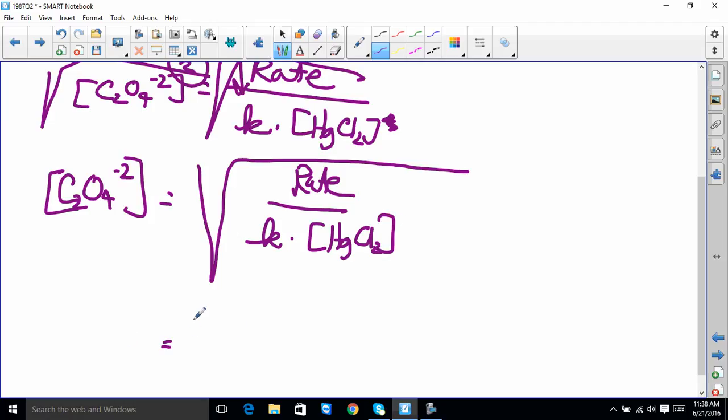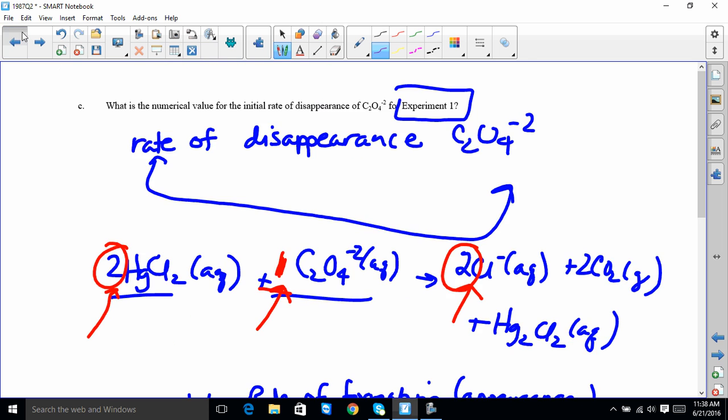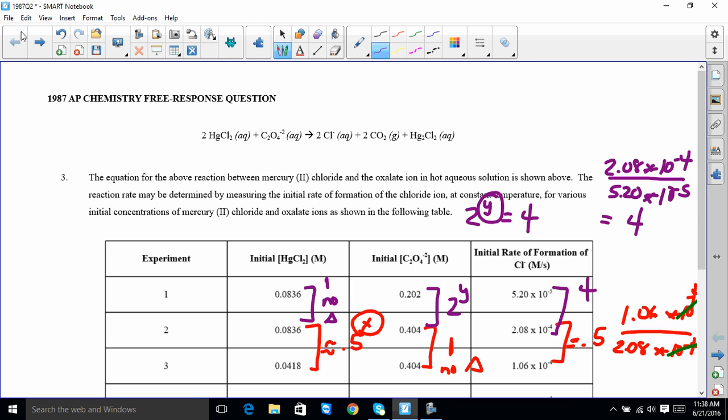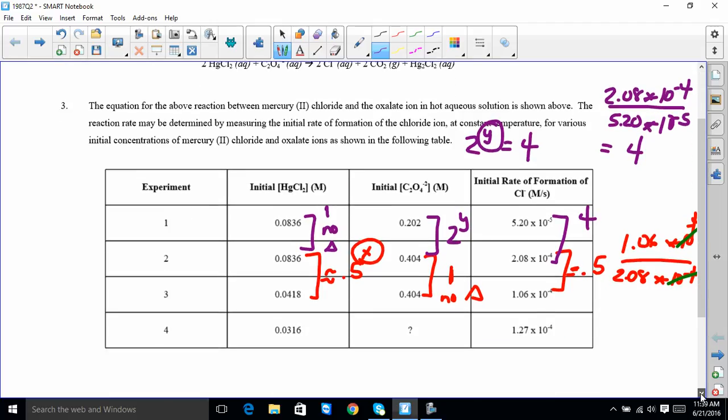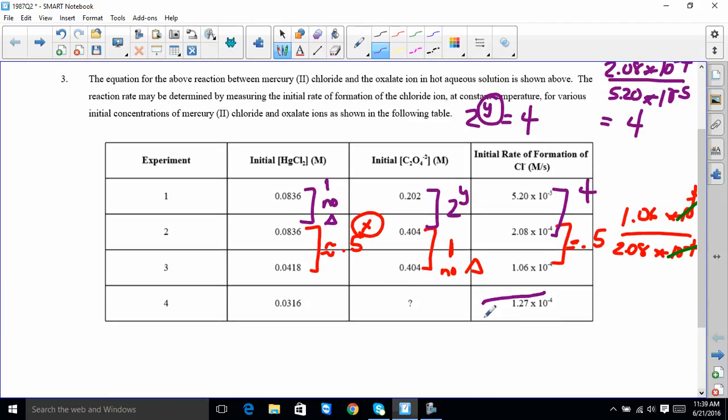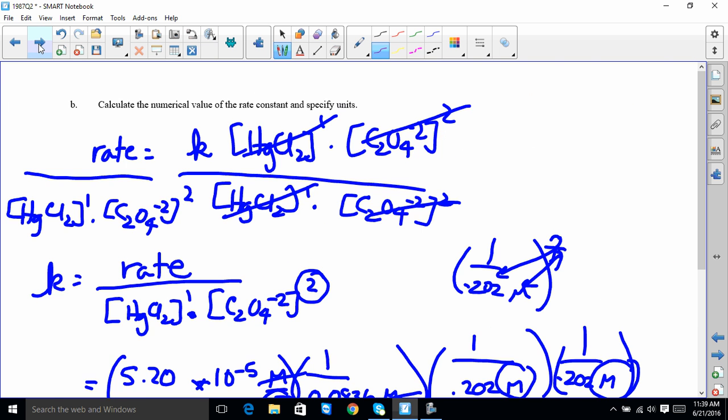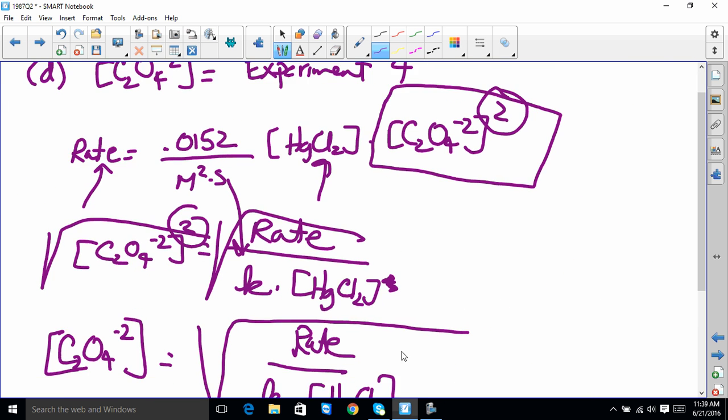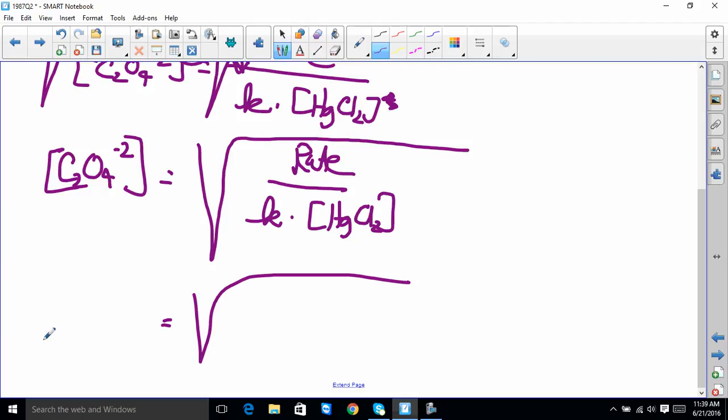And so what happens is, if you go back to the table, I just want you to know where we're getting these. You know the rate, you know this, and we're solving for this. So what we don't know is that. And so what happens is, okay, I'm going to hit extend page.